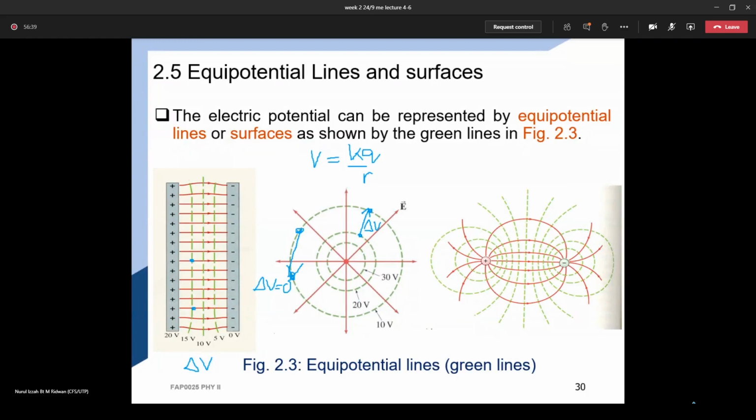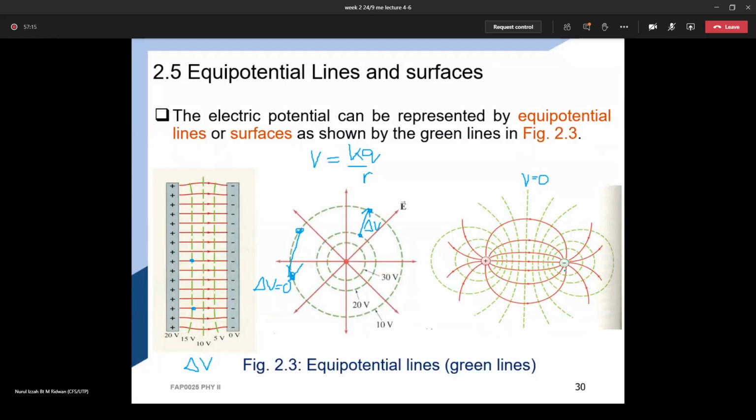If you put two charges together, these are the patterns, and the lines also show you that V is the same on the line. Right in the middle here, maybe V is equal to 0. Why do I say maybe? It depends on the magnitude of this charge and the magnitude of that charge. If the magnitude is the same but the sign is opposite, then right in the middle the voltage is equal to 0.